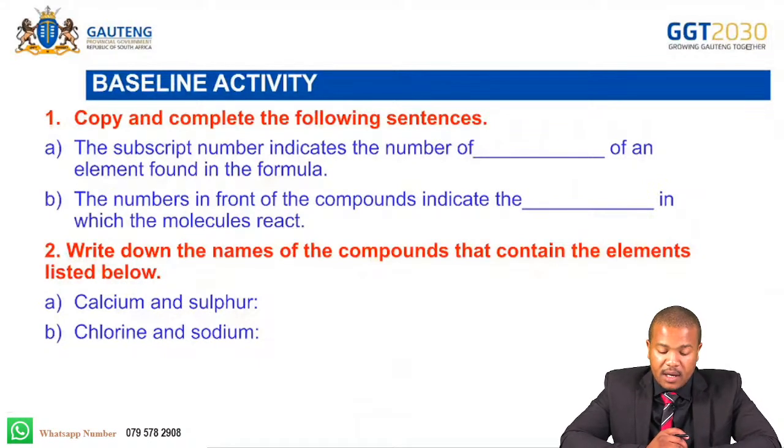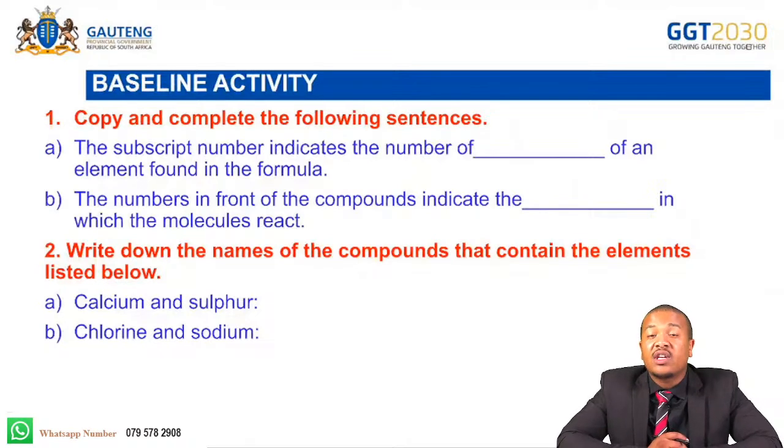Then B, the numbers in front of the compounds indicate the in which the molecules react. Then number 2, you simply need to write down the names of the compounds that contain the elements listed below. A, calcium and sulfur, then B, chlorine and sodium, right? So because it's 4 questions, I'm going to give you 4 minutes to complete this activity.